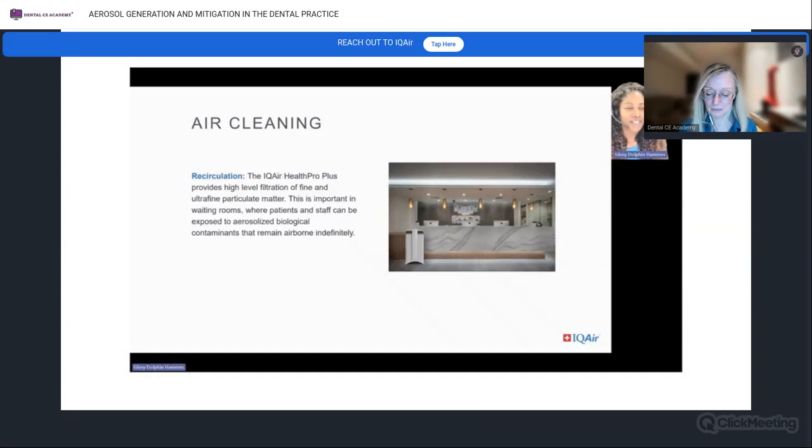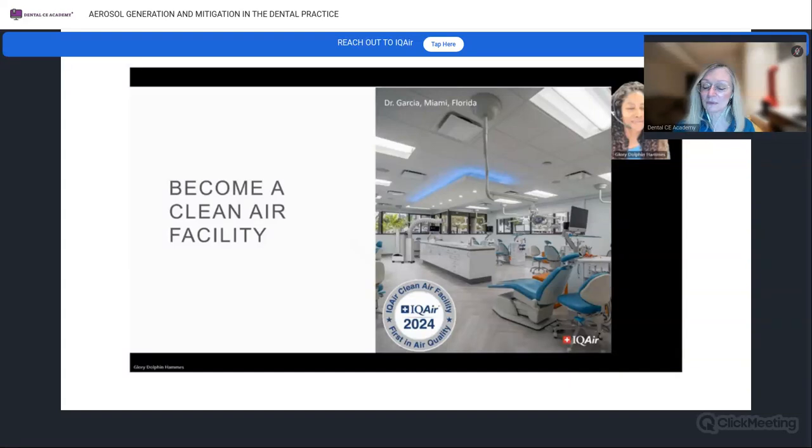Great. This is Dr. Garcia's orthodontic facility in Miami. Nice office there with the nice lighting, and you can see there the HealthPro Plus in the waiting room. This is his practice and what it looks like, and this is an open bay system that he has here.